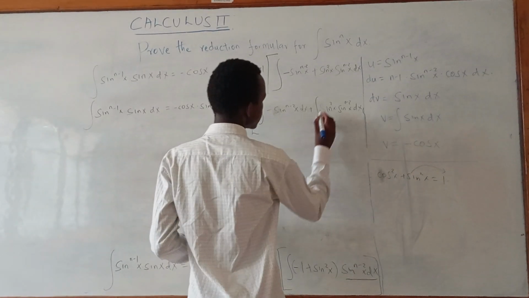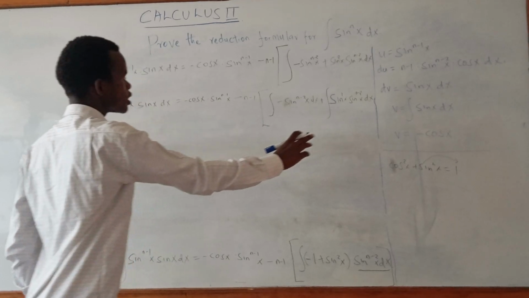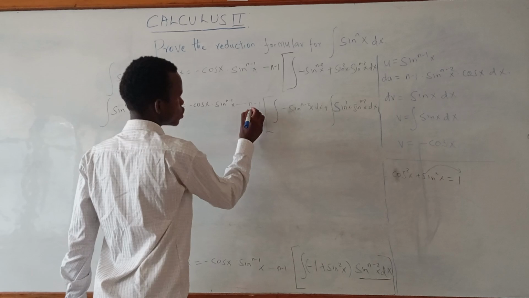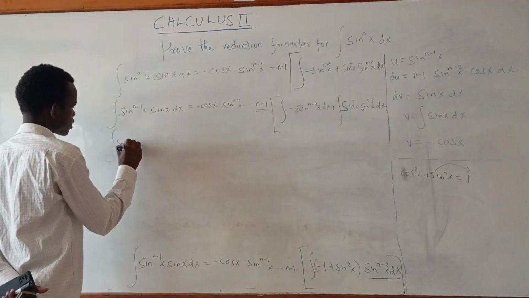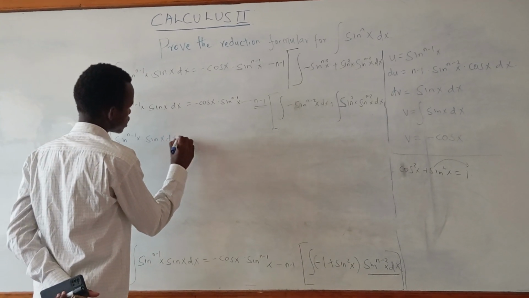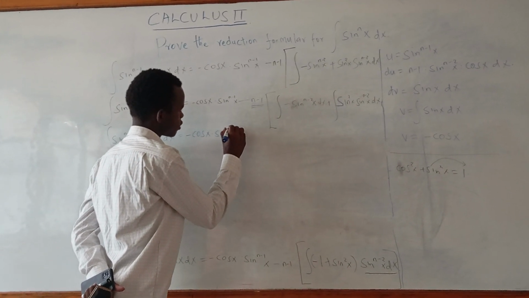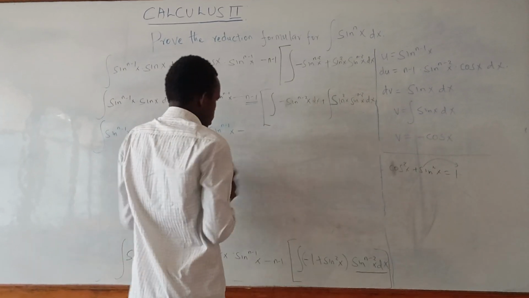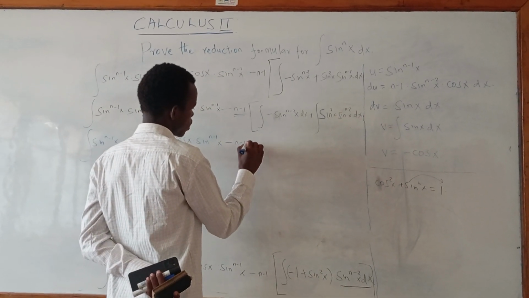After splitting inside the integral, open the bracket. So this is minus; we get the integral of sin^(n-1)(x) multiplied by sin(x) dx equals negative cos(x) multiplied by sin^(n-1)(x) minus (n-1) multiplied by this integral.